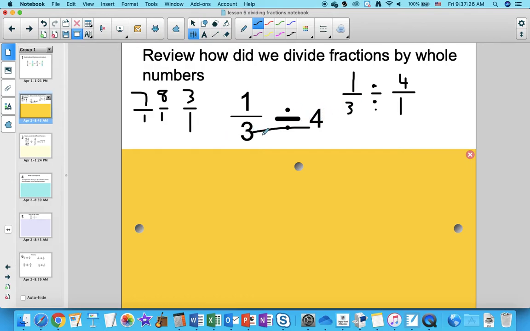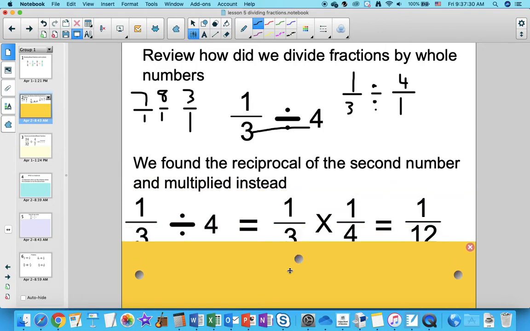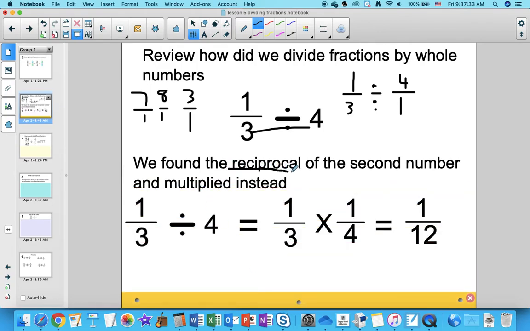The reason why multiplying the denominators works for dividing is that you find the reciprocal of the second number and multiply instead. So in this case, we have 1 over 3 divided by 4. Well, 4 as a whole number is 4 over 1. So the reciprocal would be 1 over 4. A reciprocal is flipping the number.